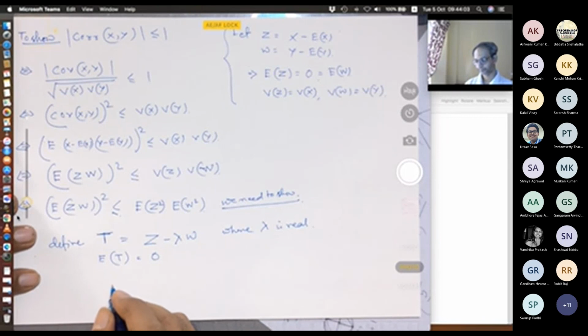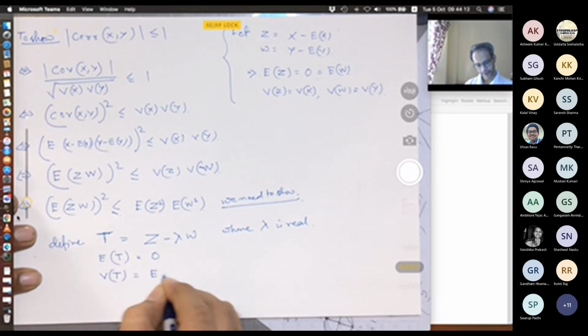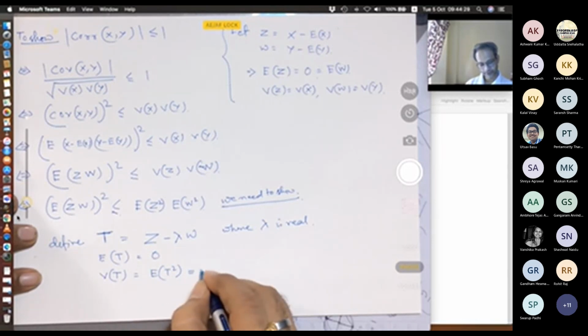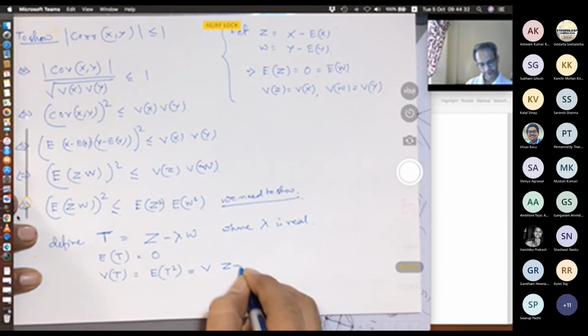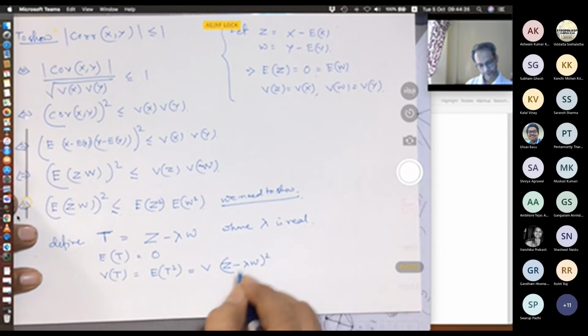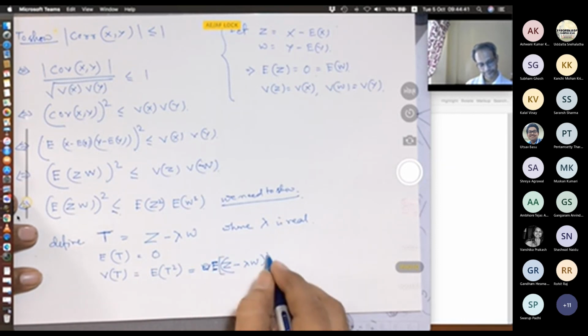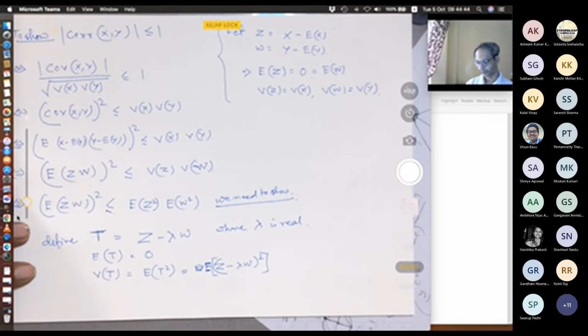Now, variance of T is expectation of T square. Do you agree? Yes, sir. Because expectation of T is 0. So this quantity is expectation of (Z minus lambda W) whole square. Okay.